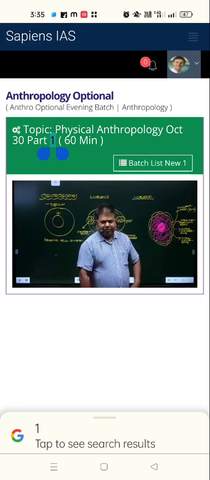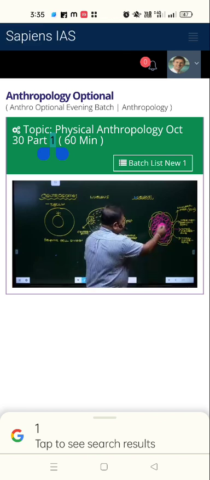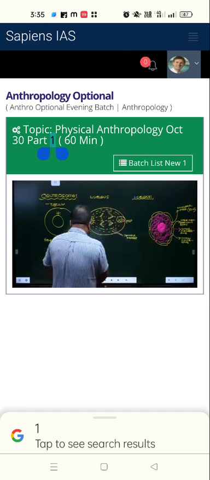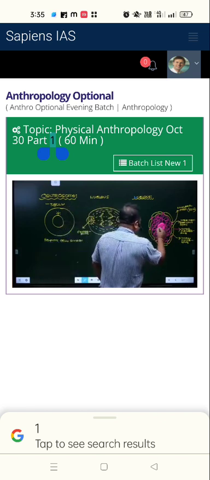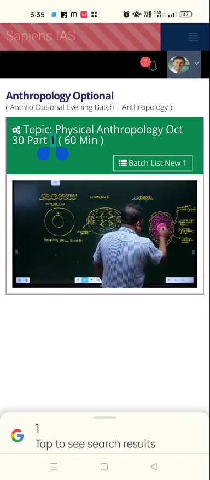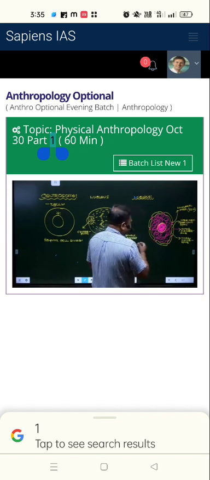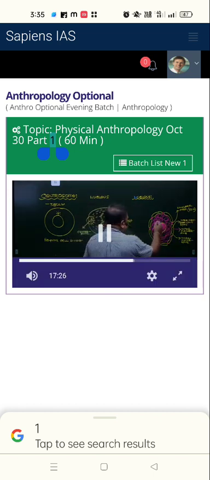So this is the nuclear membrane. This part is called the nucleolus. This condensed pink part. And this is called the nucleoplasm.